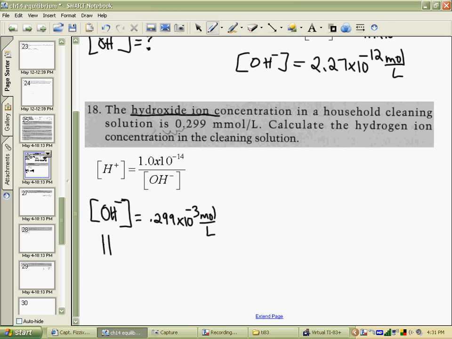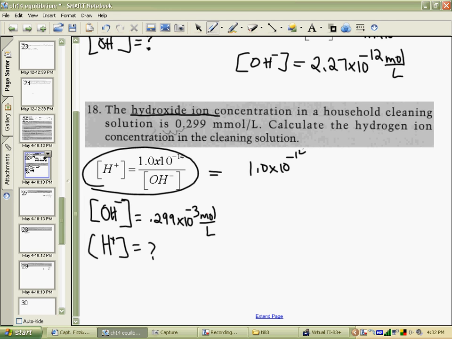Well, I think you're starting to see how easy these are because we select this formula that the hydrogen ion concentration is 1 times 10 to the minus 14 divided by the concentration of hydroxide ions, 0.299 times 10 to the minus 3. We take the quotient of those two numbers and see what we get.